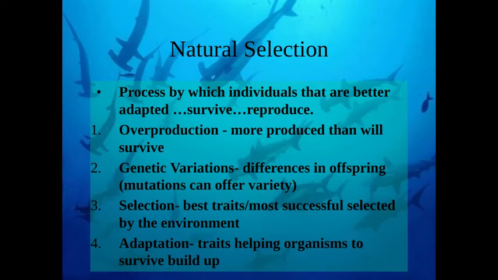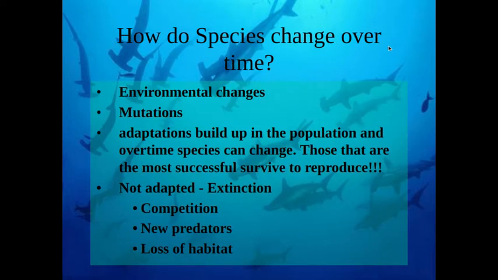This, of course, is because of sexual reproduction. You would have differences; you won't if it's asexual reproduction. Different mutations in an organism's DNA can offer variety that the environment can select upon. Selection itself: the best traits are the most successful and are selected by the environment. And adaptation: the traits that help those organisms survive would then build up in a population to change what an organism could be like.